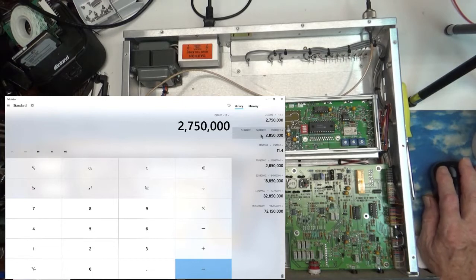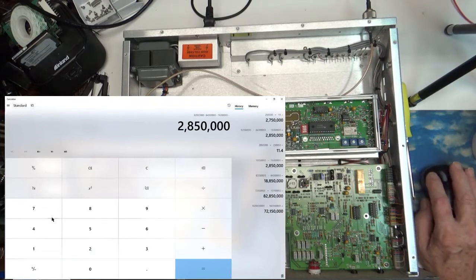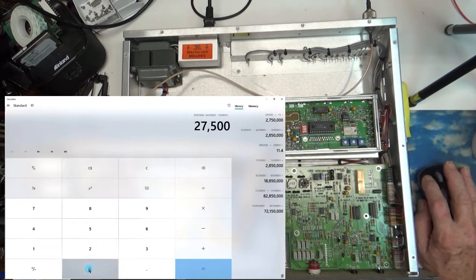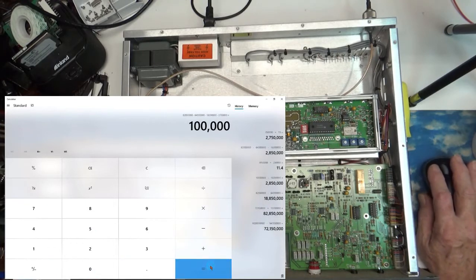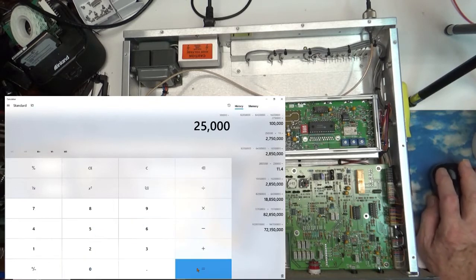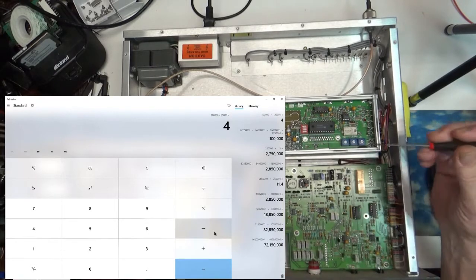So we take our 2,850,000, subtract 2,750,000, and we end up with 100,000 divided by 25,000 equals 4. So the 0.4 is a 4.